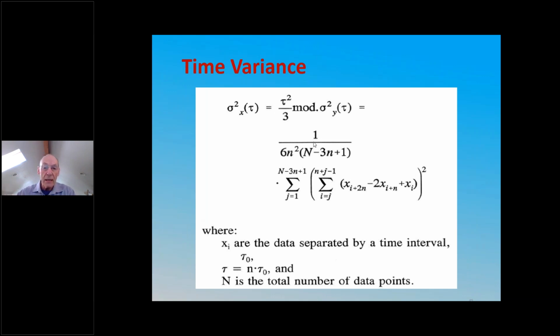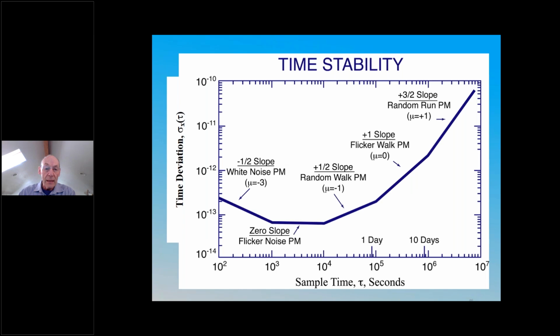And so if you take the modified Allan variance, multiply it by tau squared, that's going to tilt that whole curve by a factor of tau. We divide by 3, which makes the short term look exactly like the standard deviation if you've really got white noise.